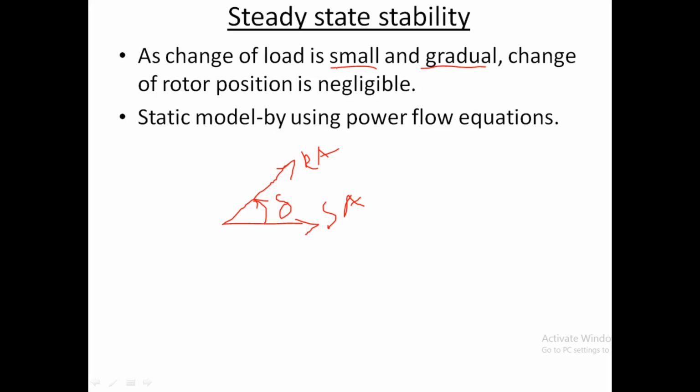Since the change of load is very small, the change in the rotor position will be negligible. So the change in delta will be negligible. Therefore, for this analysis, we are using a static model, by finding the solution of power flow equations.